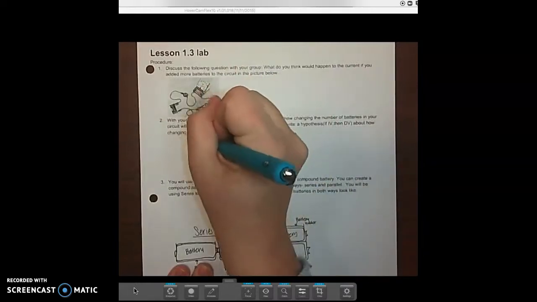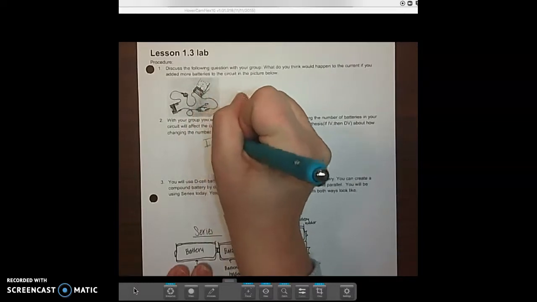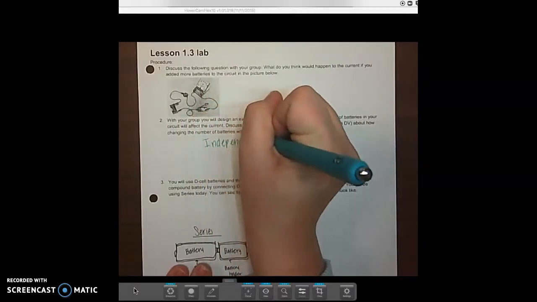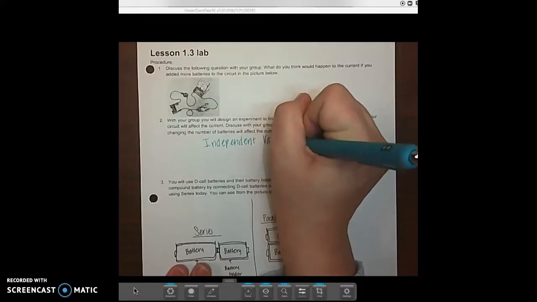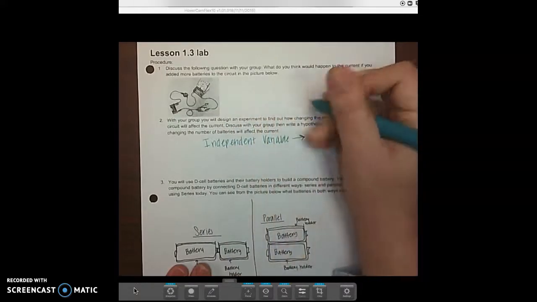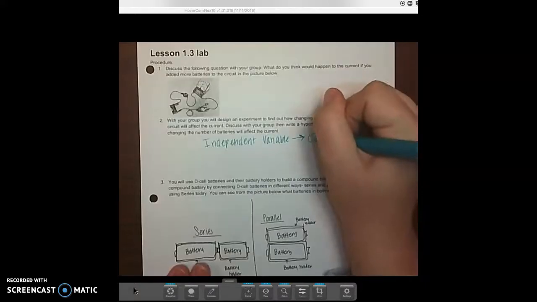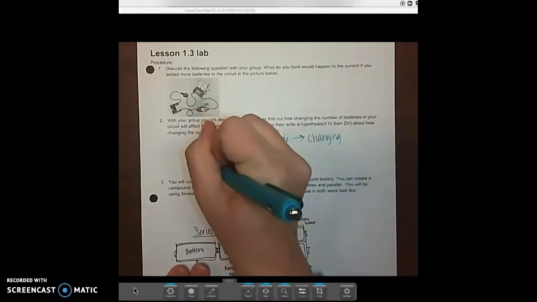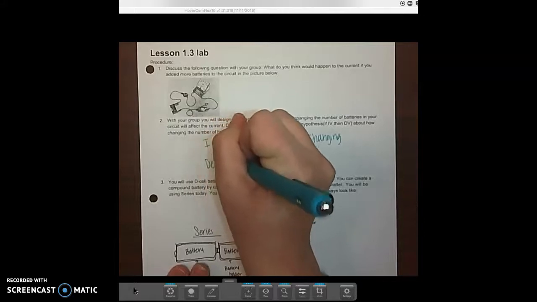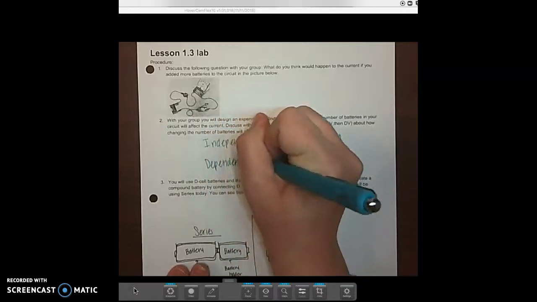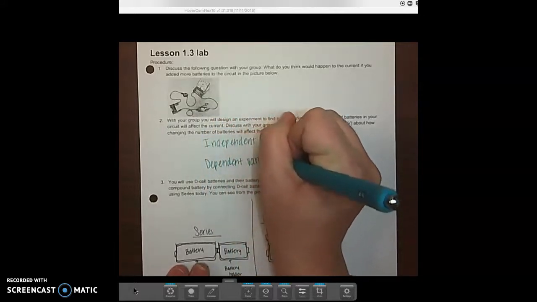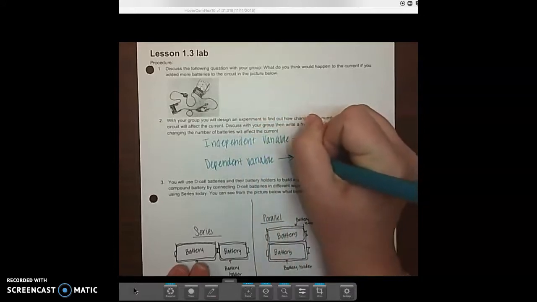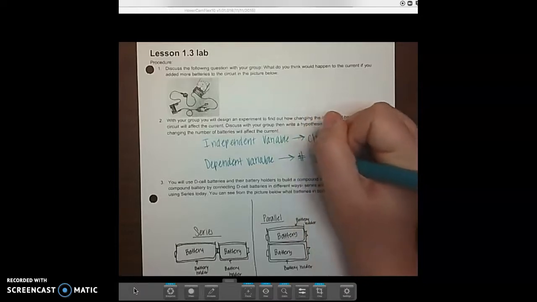Remember, the independent variable is what is doing the changing, and the dependent is what is being measured, and you can get a number or measurement from it.